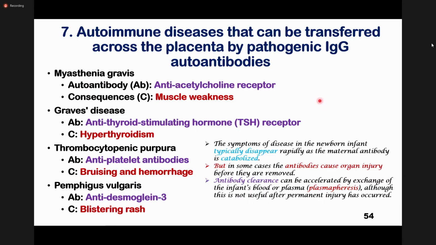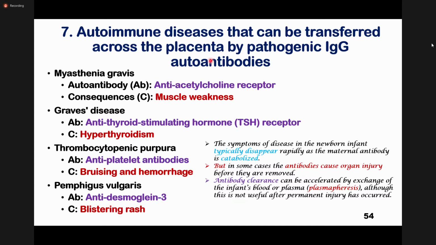Now, during pregnancy, there are situations where autoantibodies transfer through the placenta. In most of the cases known so far, it is IgG autoantibodies, not other than IgG, that cause autoimmune diseases from mother to child.